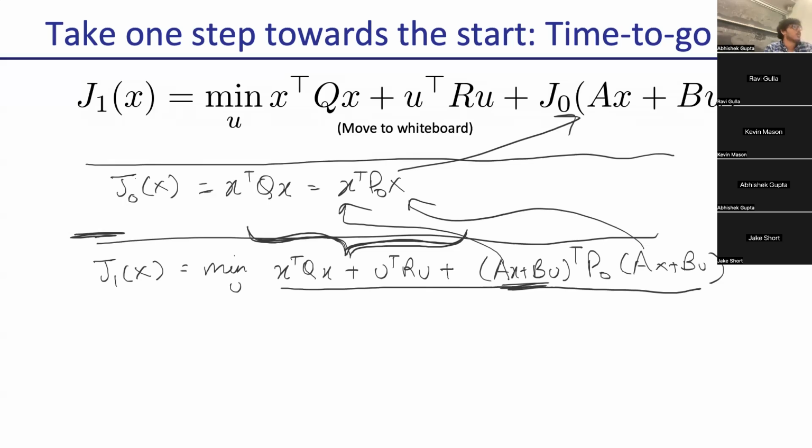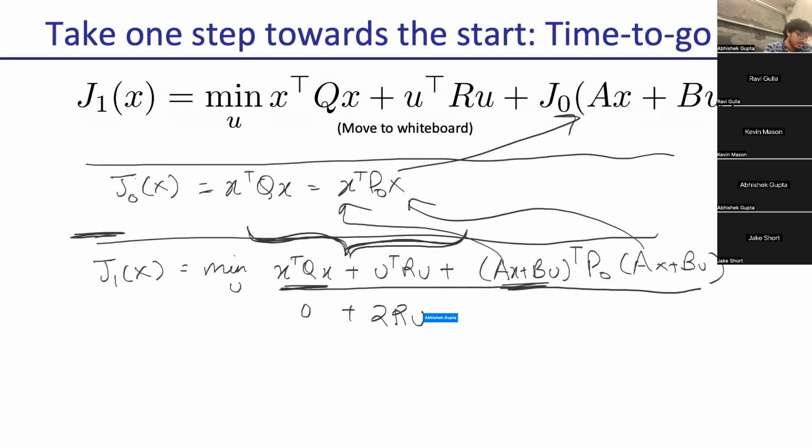Now let's work through what this is going to be. So x does not depend on u. Derivative is zero. U transpose RU, what's the derivative with respect to u? 2RU. Okay, so it's going to be 2RU.